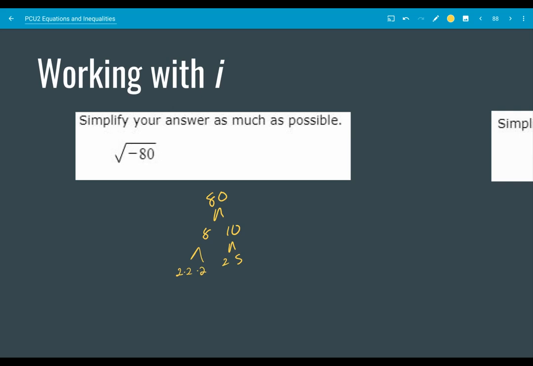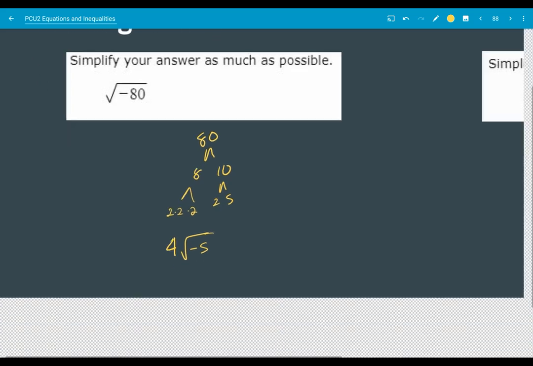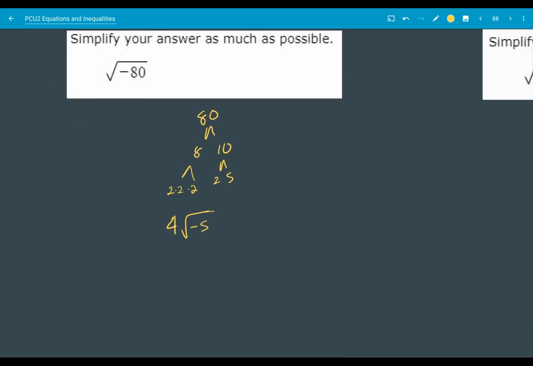So this is four 2's and a 5. So the square root says we can pull out 4, and it's the square root of -5. So we would say that this is 4i square root 5.